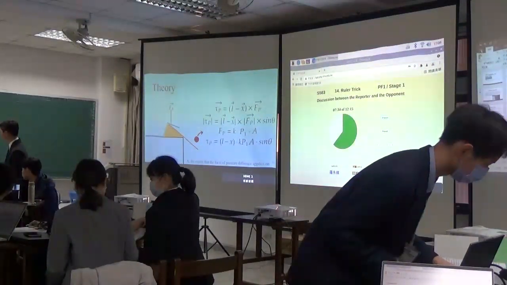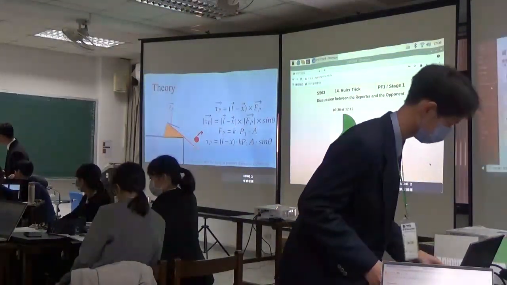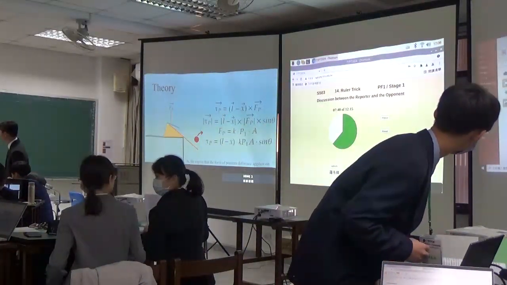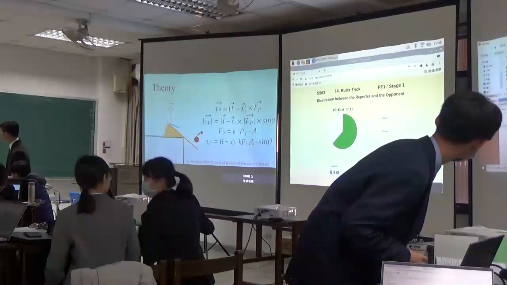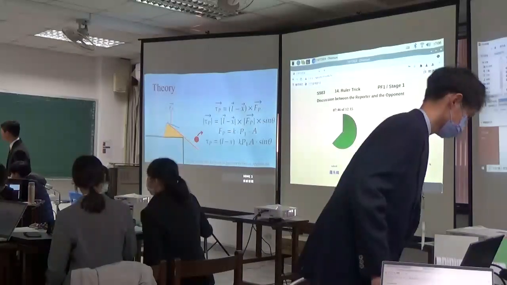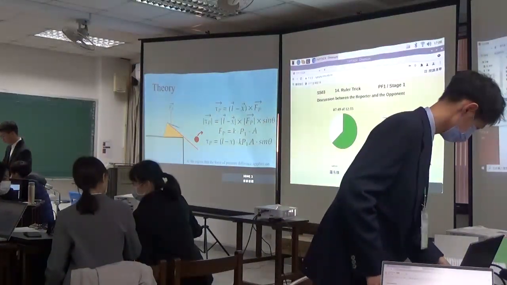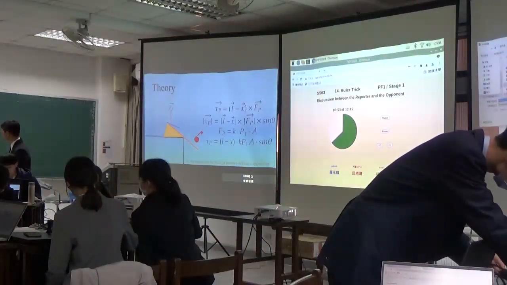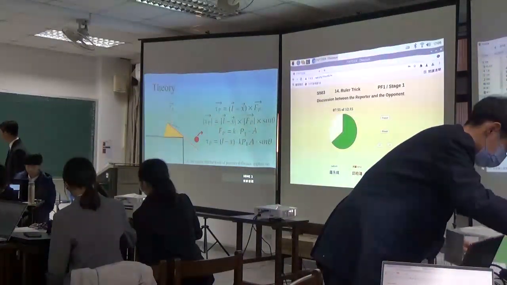This is the force caused by the air, right? And this is the force the ruler receives from the ball, right?